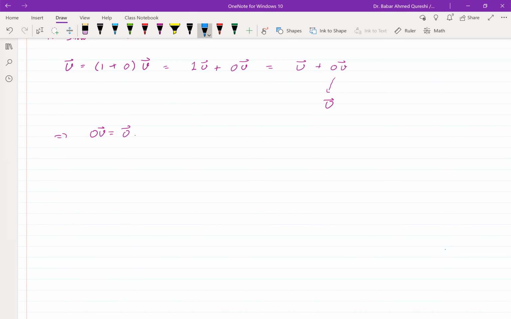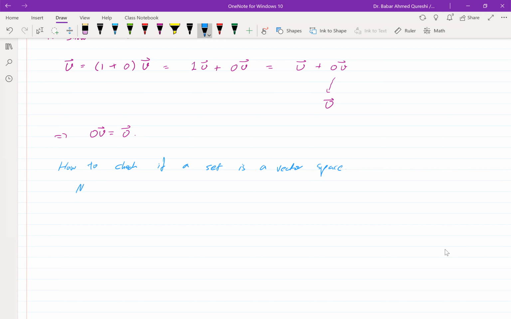Now the main test: you want to check how to check if a set is a vector space. The distributive laws will just be understood to be there the way you define it.